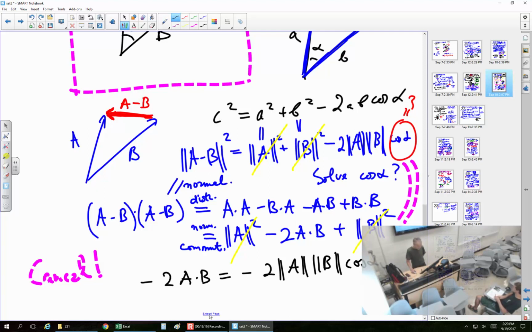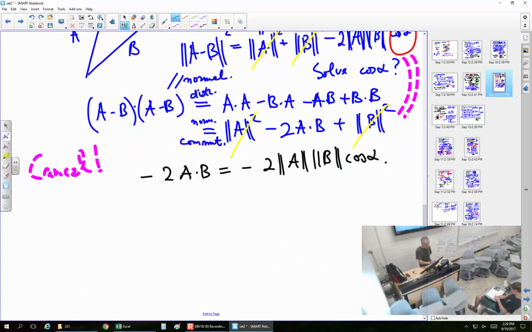Okay, and that is the conclusion, finally, about the meaning: simultaneously we're getting the new meaning of the dot product, and at the same time we're getting that promised formula about the cosine of the angle.